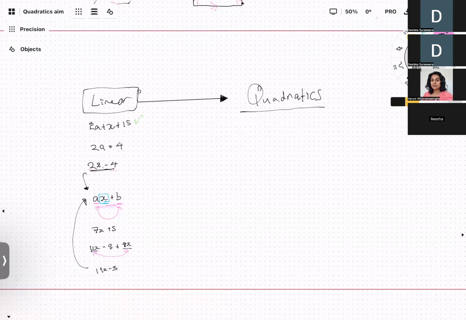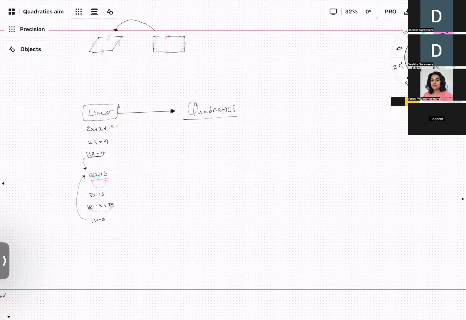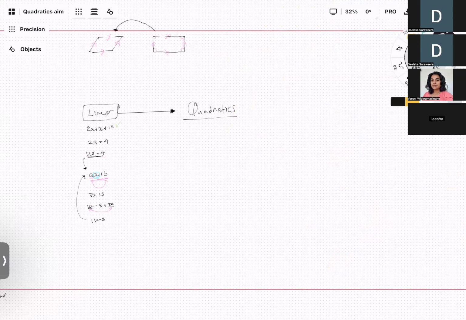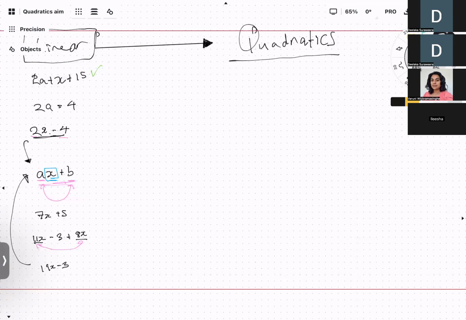So what that means is every single linear equation is also a quadratic, but quadratics allow for something else to come in. And normally speaking, generalizations are a bit more complicated because we have less rules. They become more complex. Essentially, what we're going to do is add an x squared term.